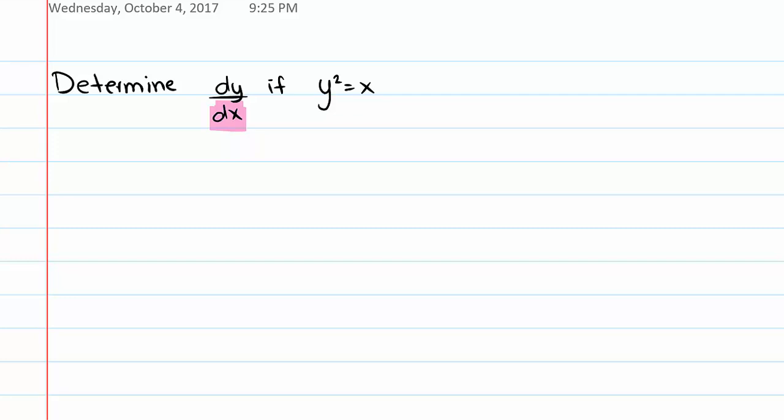So we write down our function, which is y squared equals x, and we take the derivative of both sides with respect to x.